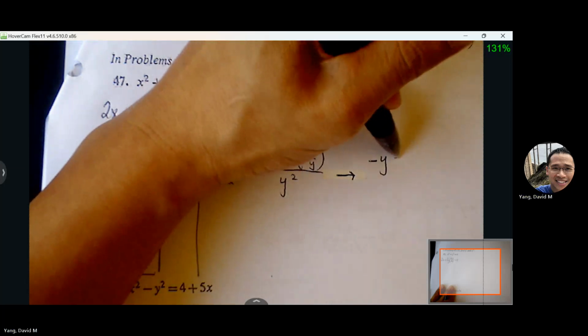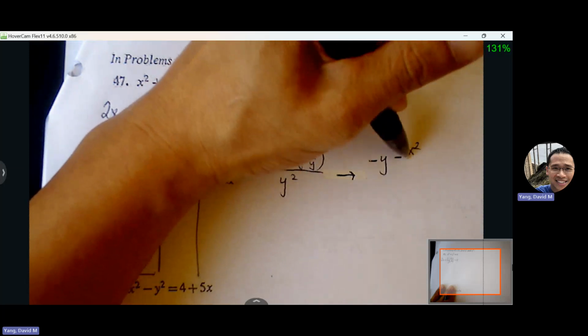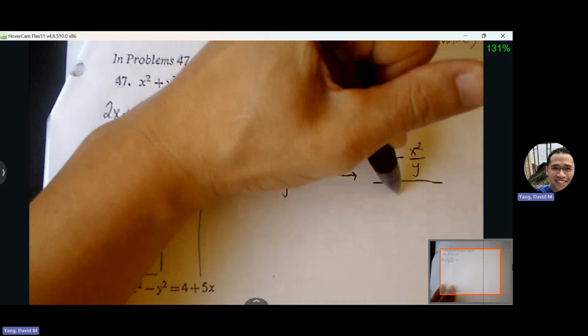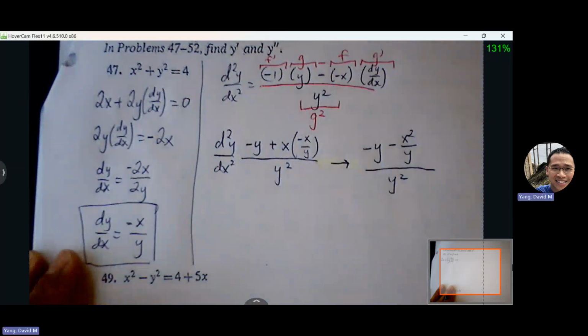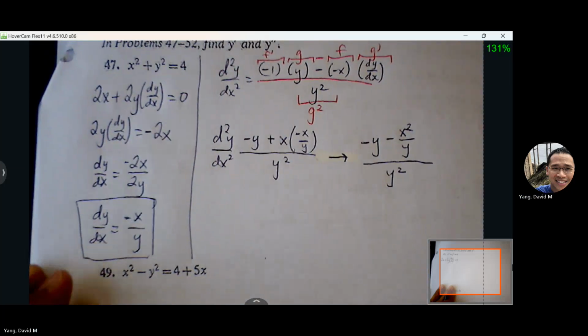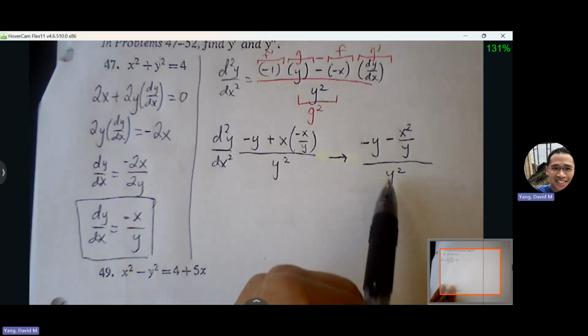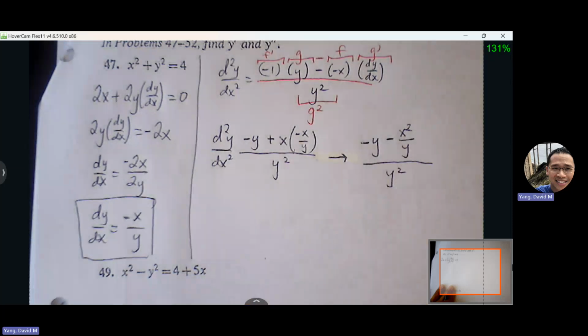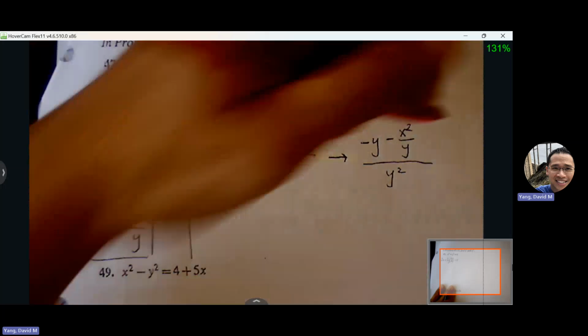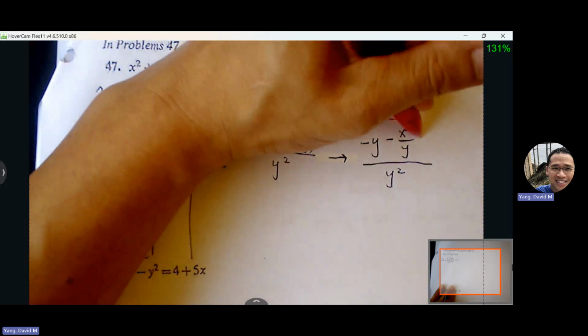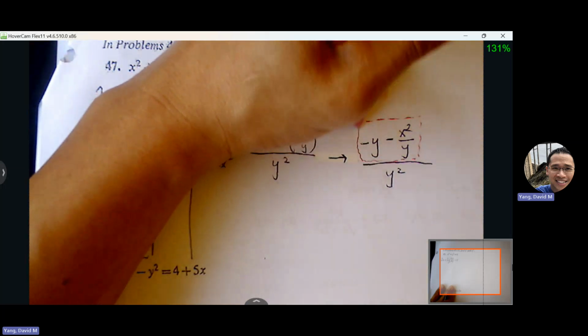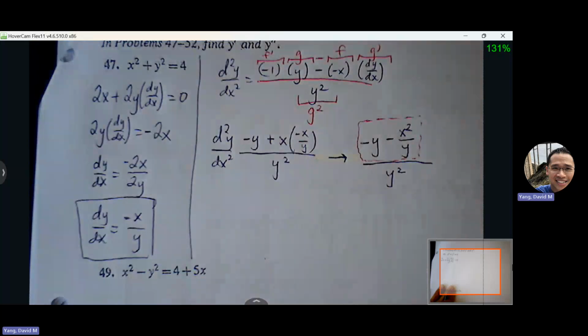All right, let me do this. -y minus x squared over y all over y squared. Okay, I want to clean all this together. This is kind of like what we did with complex fractions before, where we're going to clean this side up first, and then we can have an easier time merging things together.